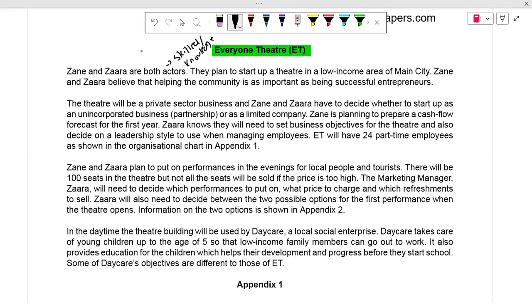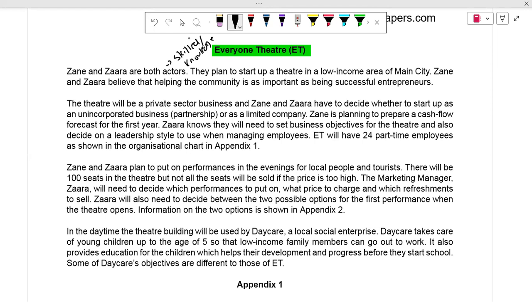Why? Because you don't know anything about acting. But if you are an actor, you have skills, you have knowledge, you have some information about acting, so you can easily coordinate with the employees if you are hiring actors for the theater.